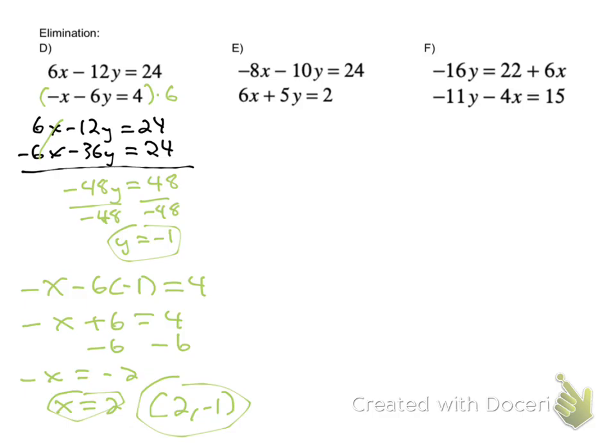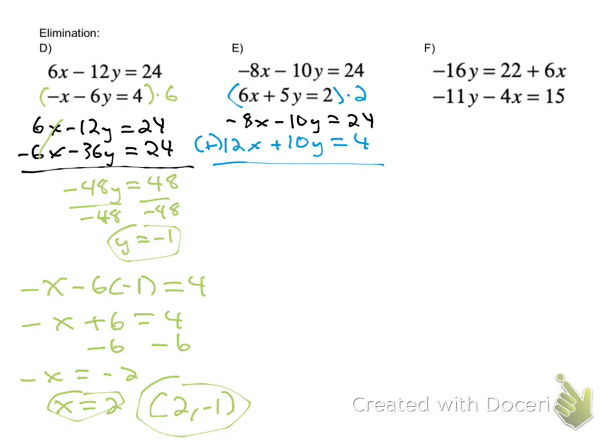All right. E, I'm going to multiply the second equation by 2. So I'll have -8x minus 10y equals 24. And that second equation will be 12x plus 10y equals 4. Add them, I get 4x equals 28. So x equals 7.